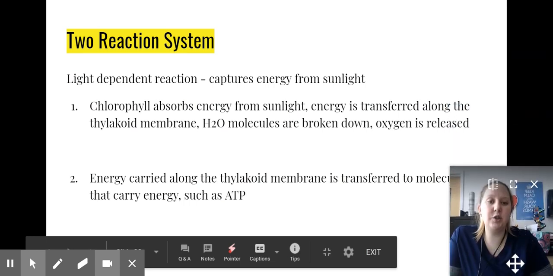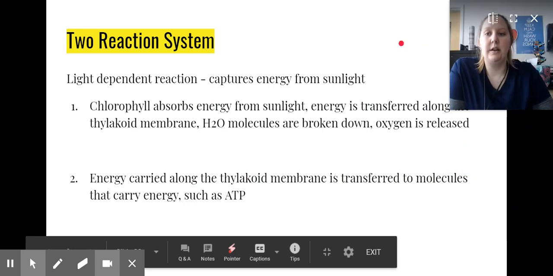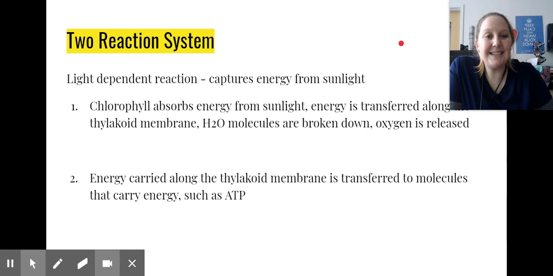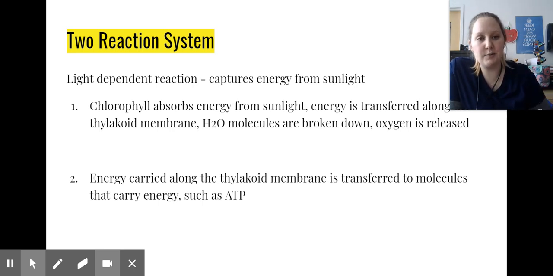Photosynthesis happens in two different phases. First is the light-dependent reaction. If we break down the term photosynthesis, photo means light, synthesis means to make. So it makes sense that the first part of the reaction requires sunlight. In this step, chlorophyll absorbs the energy from the sun. The energy gets transferred along the thylakoid membrane.